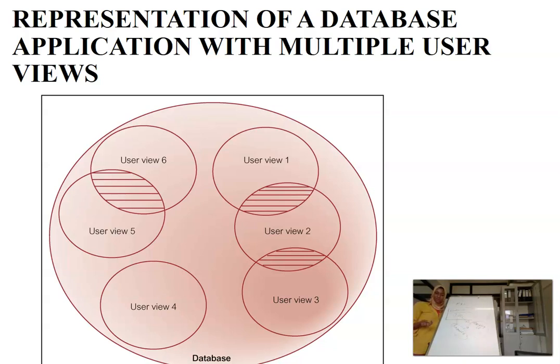You have user view 1 and user view 2, and the intersection shows that there is a particular component or functionality in the database that is common to them. For example, two user views may both be using the payroll system.